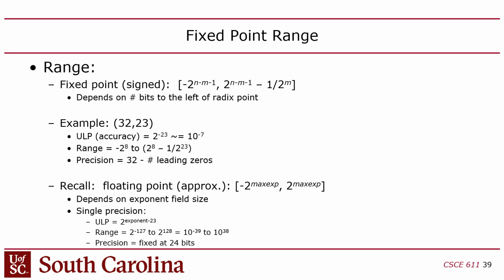The other problem with fixed point is that the precision is not the width of the number. So if you have a 32-bit fixed point, that doesn't mean you have 32-bit precision, because in a fixed point number, the leading zeros don't count towards your precision. You guys remember in grade school, you talk about significant digits in scientific notation. So in a fixed point number, any leading zeros don't count towards your precision. The only ones that count are the ones starting with the first 1 bit, starting from the left.